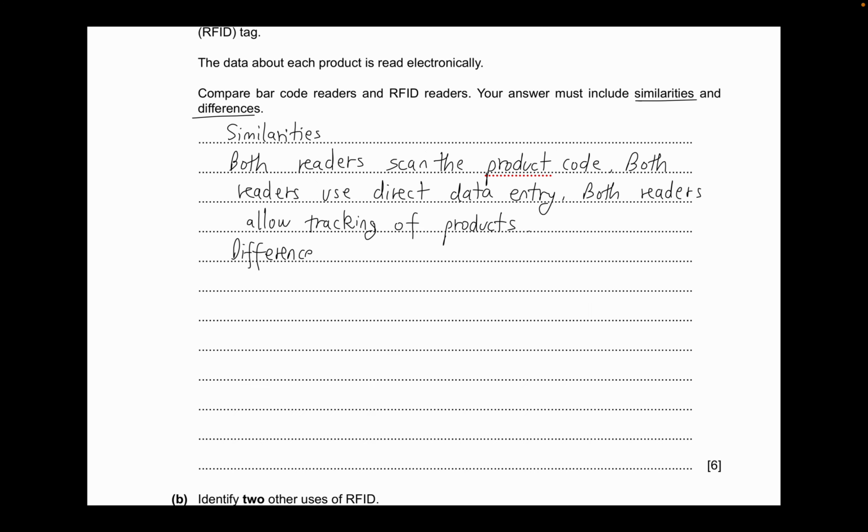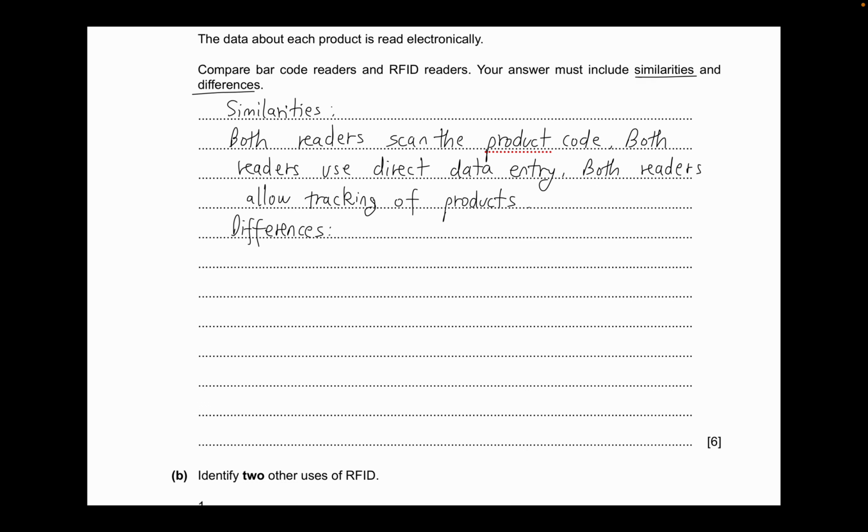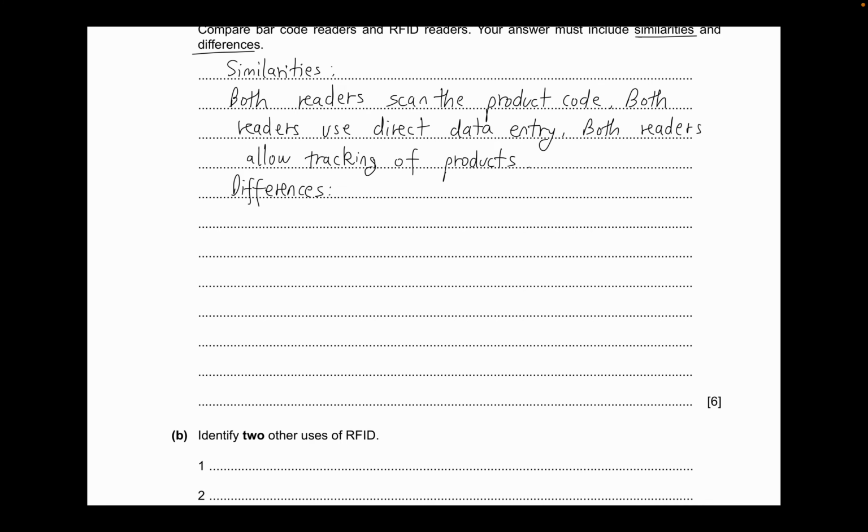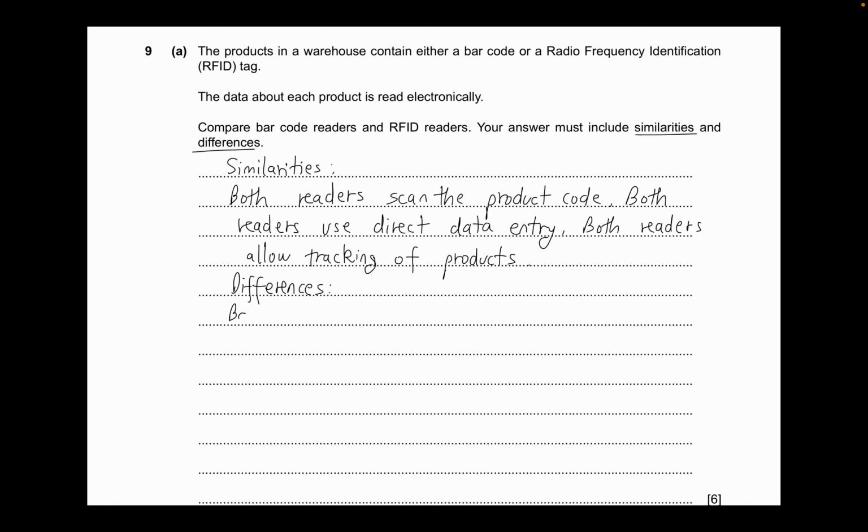For the 3 points for the differences, you're going to write that the barcode readers only scan one barcode at a time. You would have seen at shopping malls that they scan your shopping products one at a time. So you can speed it up using the other one.